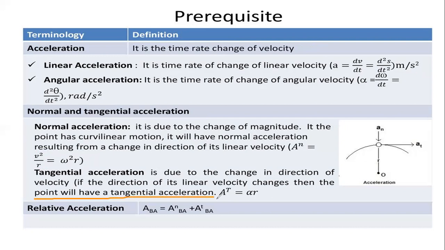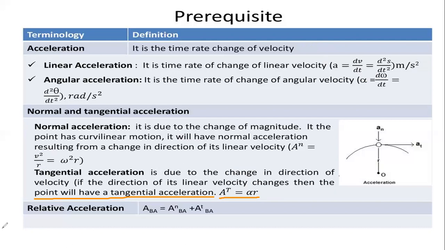So the tangential acceleration a_t is taken as alpha into r, where alpha is the angular acceleration and r is the radius.